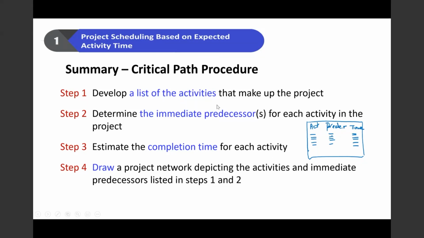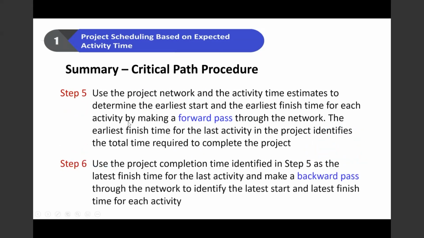However, if you have to develop it on your own, these are the 3 steps that you need to go through first. Only from here can you draw up a project network based on the information in steps 1, 2, and 3. Then you do the forward pass to determine the early start and early finish, and the backward pass to identify the latest start and latest finish time for each activity.